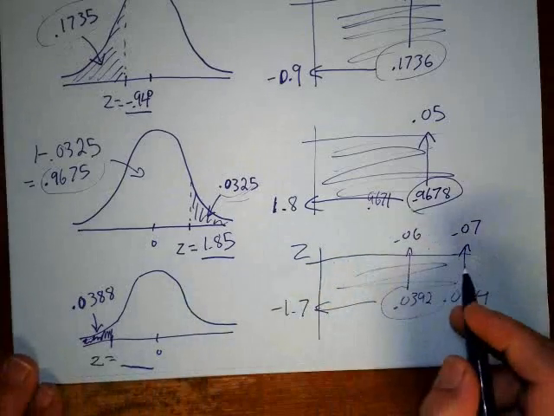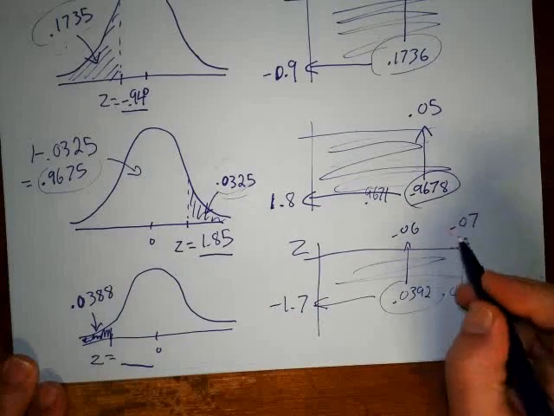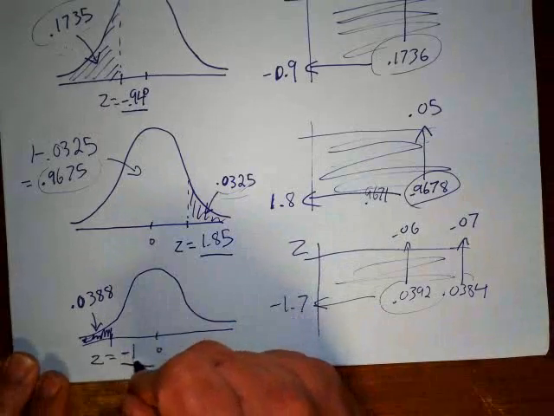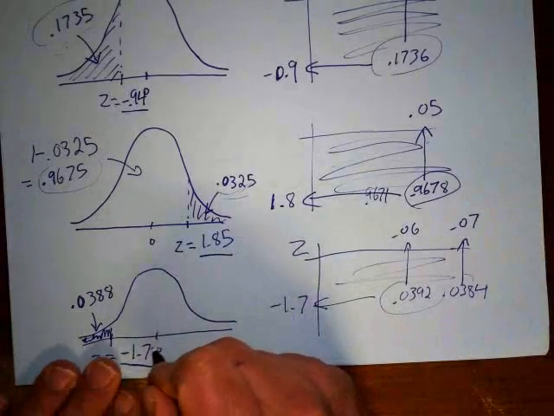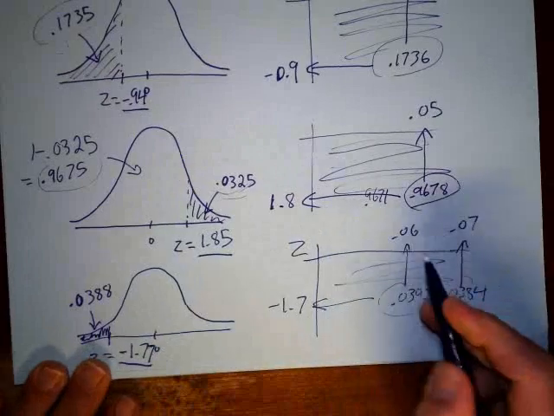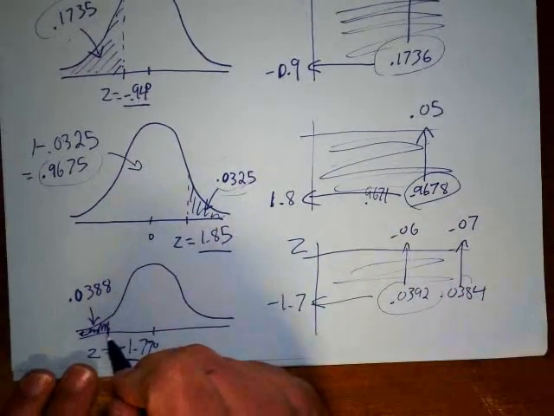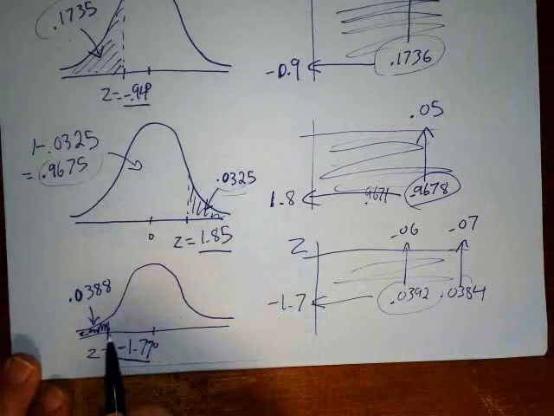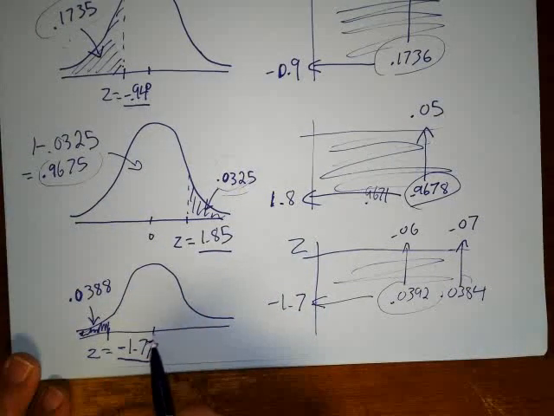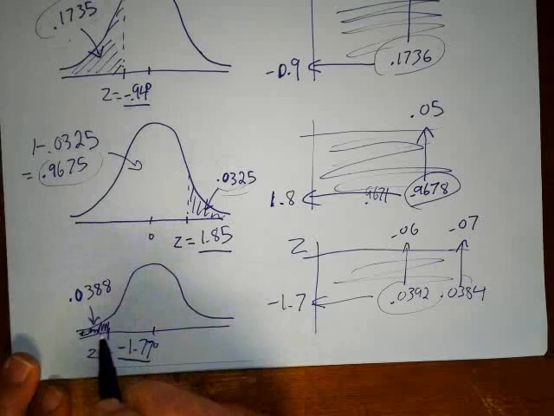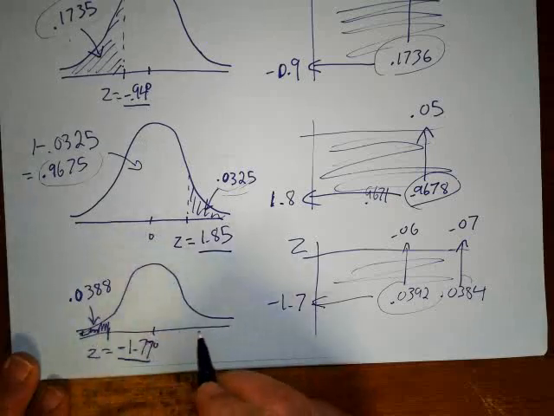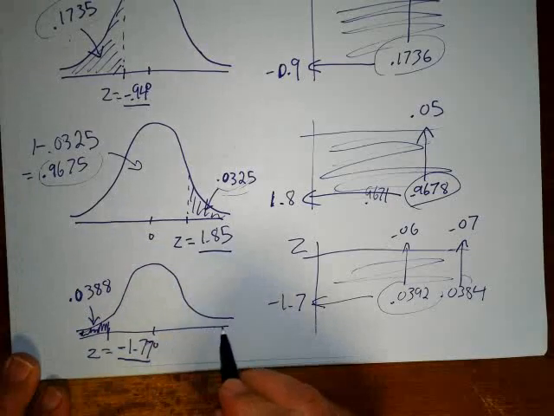And the answer is, I'm going to use negative 1.77 instead of negative 1.76. The reason is I'm always going to choose the one that's further away from 0, the one that lies further out. So on this side it'll be the one that lies further out.